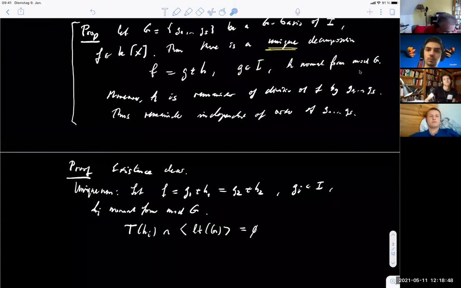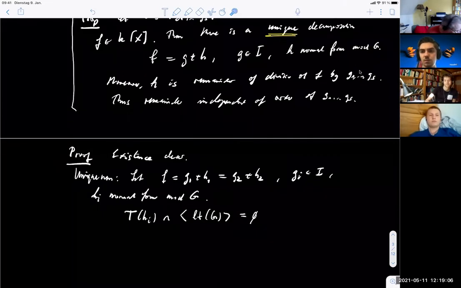And this is the leading ideal because we have a Gröbner basis. So this condition exactly guarantees that I cannot reduce my Hi further.